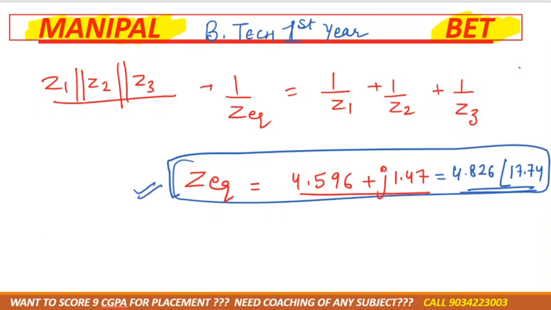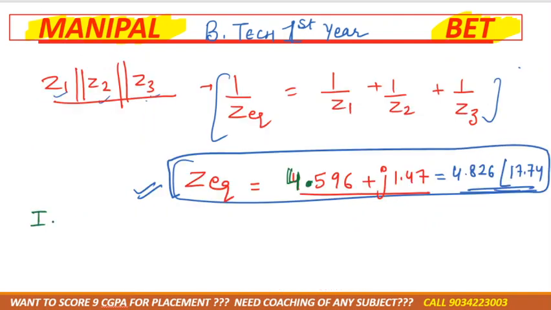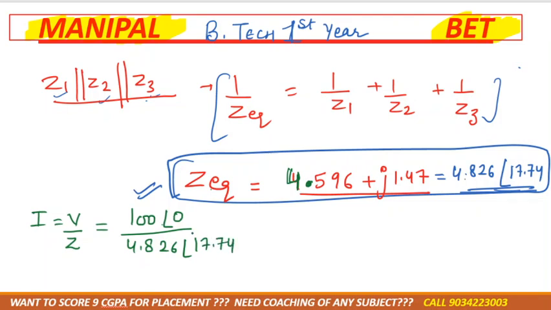Correct? Now the next part, input current, we need to calculate input current. Current is how much? V by Z. V is given 100. If no angle is given, we can consider it as 0. Z equivalent we have calculated, that is 4.826 angle 17.74.